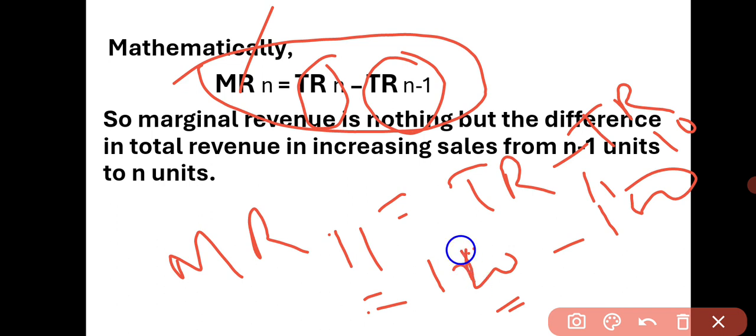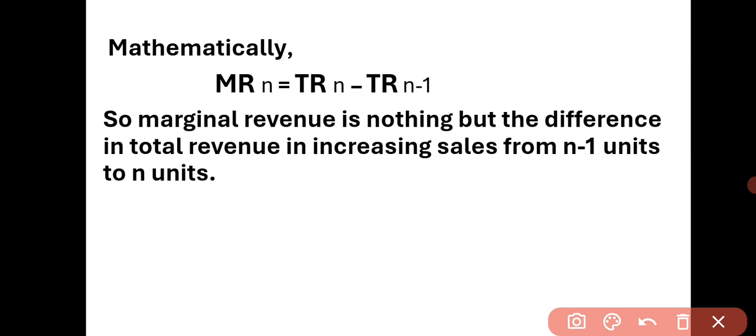I have told you that by selling 11 units he is getting 110 rupees, but by selling 10 units he was getting 100 rupees. So the difference between total revenue of 11th unit and total revenue of 10th unit, that is 10 rupees, is the marginal revenue of 11th unit of the commodity, right? So this is how we have to calculate the marginal revenue.